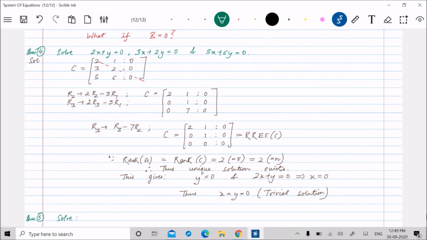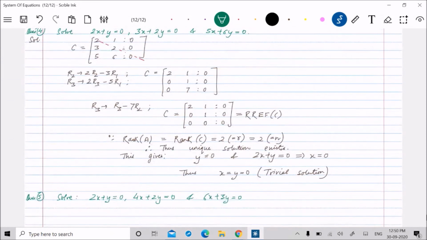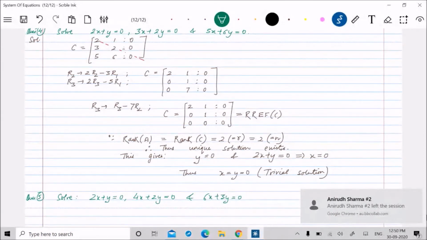Solve 2x plus y equal to 0, this is the first equation, and 4x plus 2y equal to 0, and 6x plus 3y equal to 0. So these are the three equations, and you can always solve them using the augmented matrix.